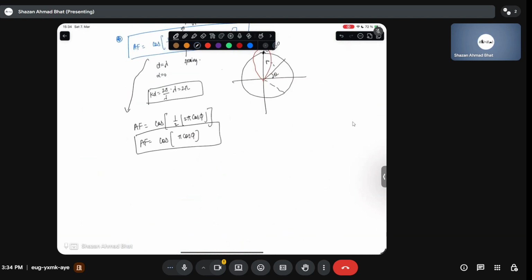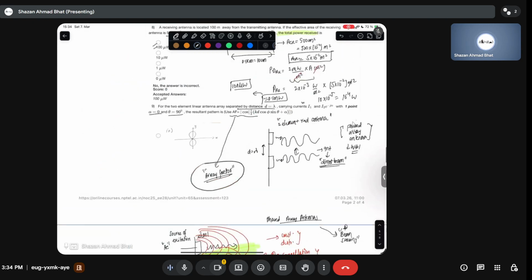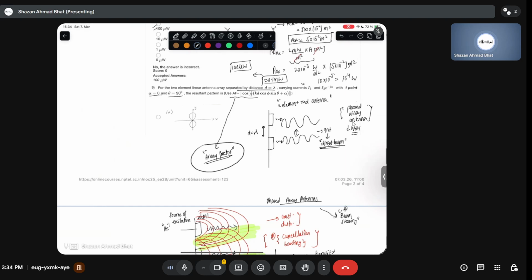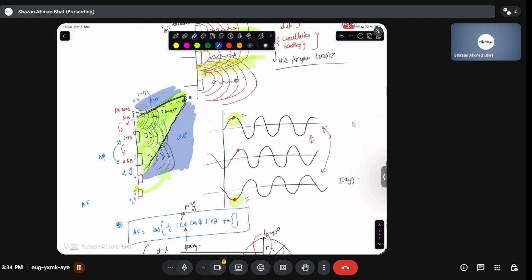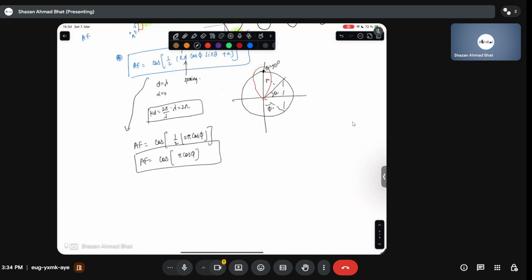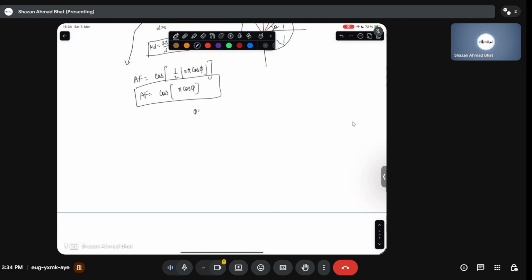So this is the angle phi. And now what do we need to see? We need to see the resultant pattern. You need to put certain values in it in order to understand it.